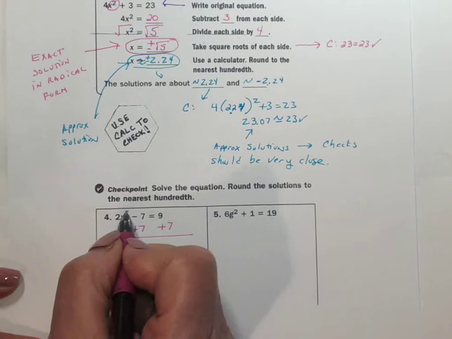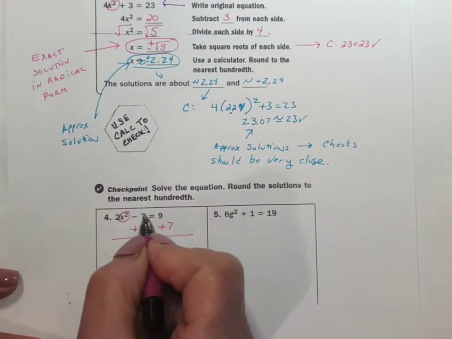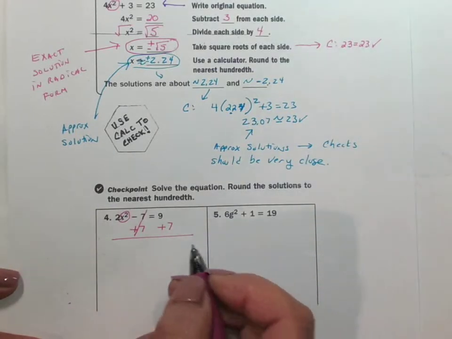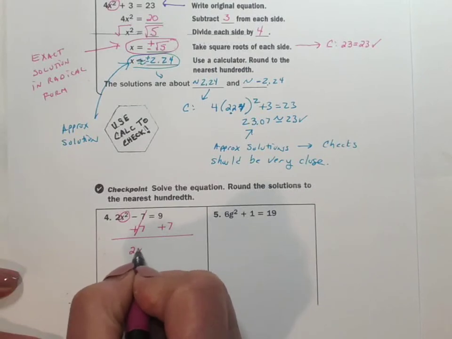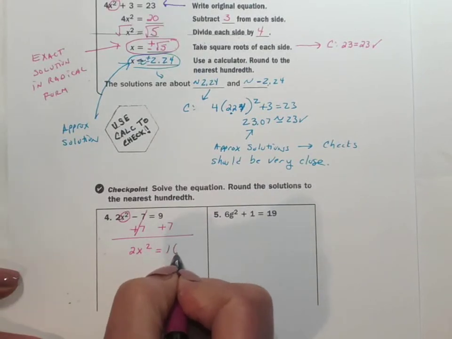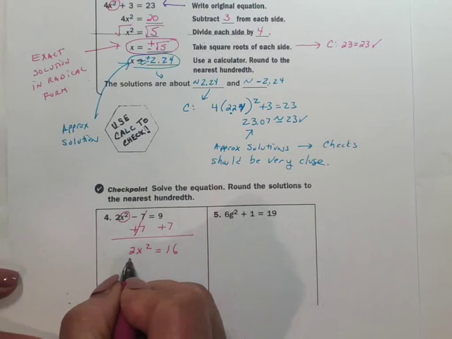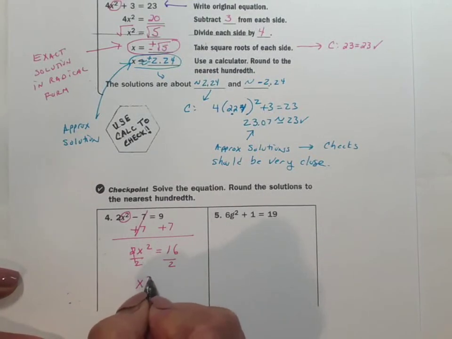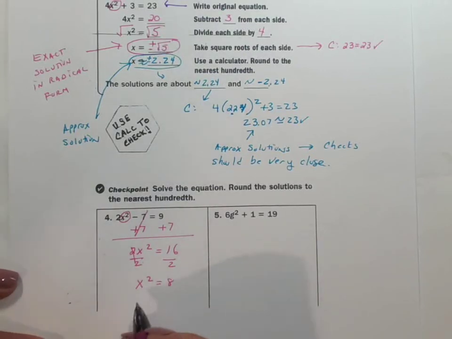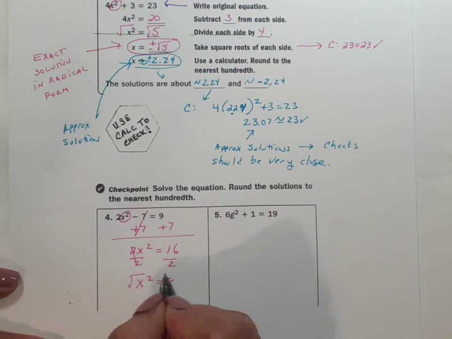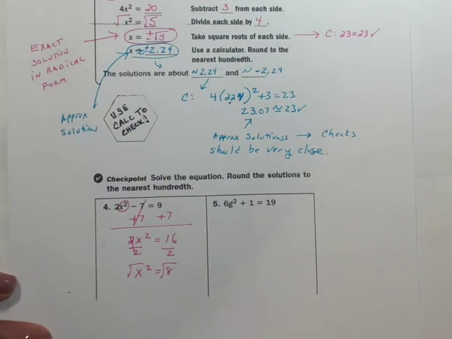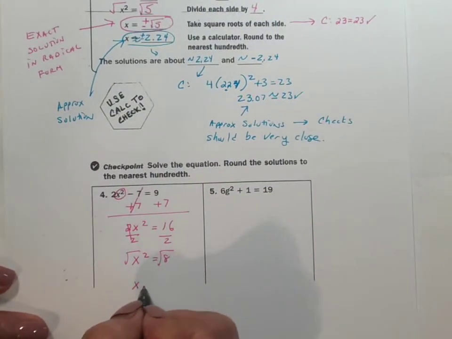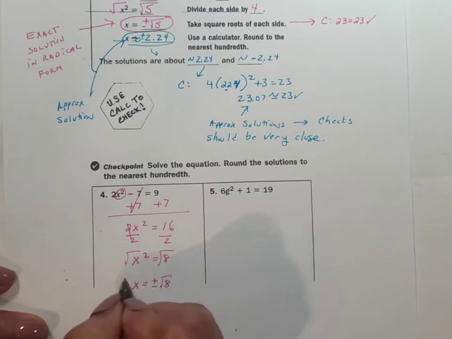We have to isolate the x squared term. I add 7 to both sides. I get 2x squared equals 16. Divide by 2. X squared equals 8. Take the square root of both sides. So x is equal to plus and minus the square root of 8.